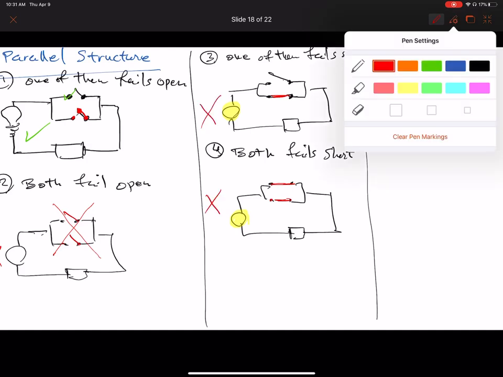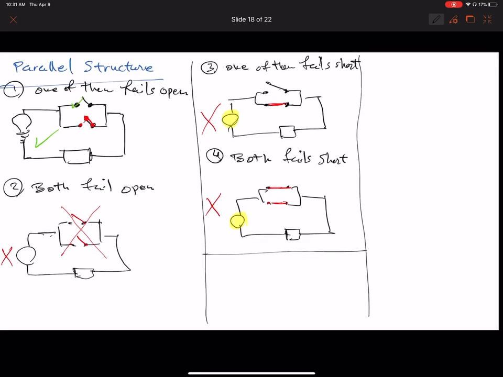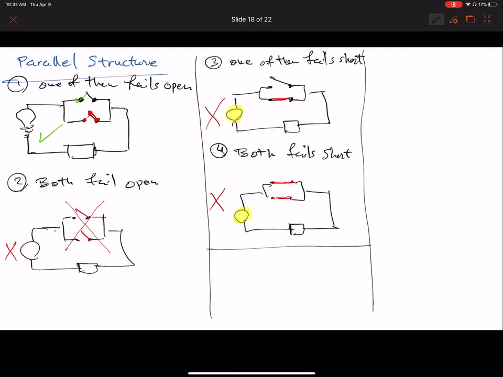So let's summarize it. What do we see here? Case number 1, case number 2, 3, and 4. In these, we can see that the system fails when, as in number 2, both of them fail open, or, as in 3 and 4, at least one of them fails short.